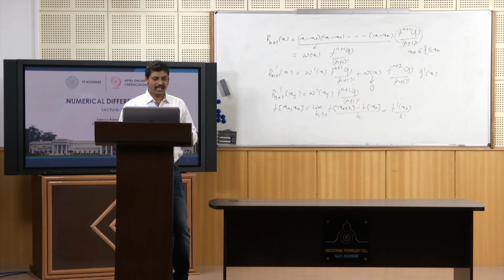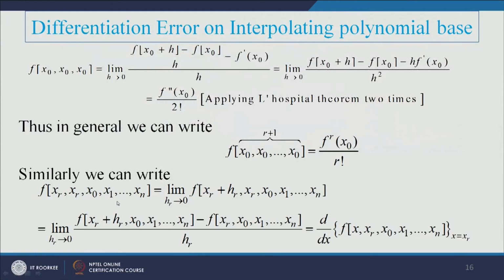Similarly, we can write if suppose two arguments are equal and all other arguments are different. Then we can write that as f of xr x0 to xn, limit hr tends to 0, since if hr can be placed at that point, then that will represent the same expression as we have seen from the previous one.